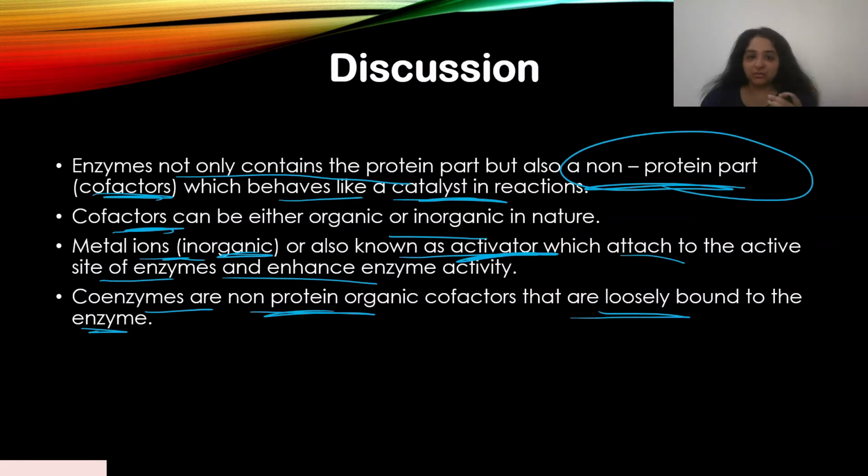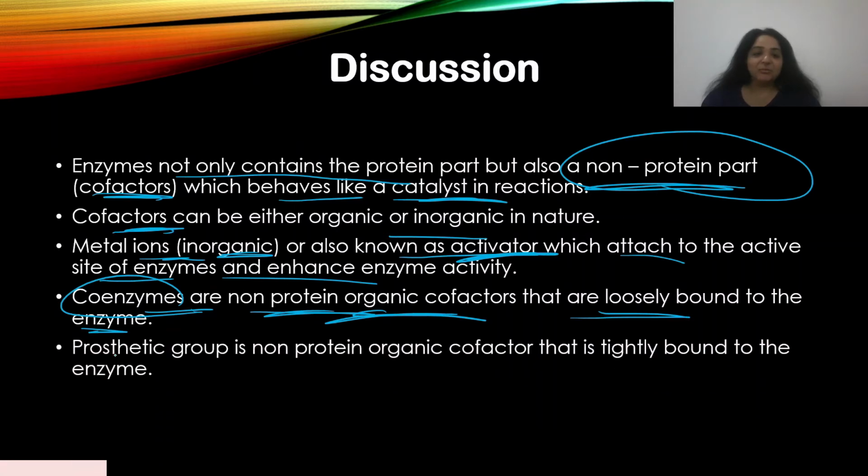Now, the non-protein organic cofactors that are loosely bound are called coenzymes. A prosthetic group is a non-protein organic cofactor that is tightly bound to the protein part of the enzyme.